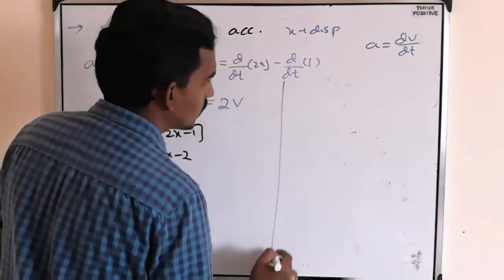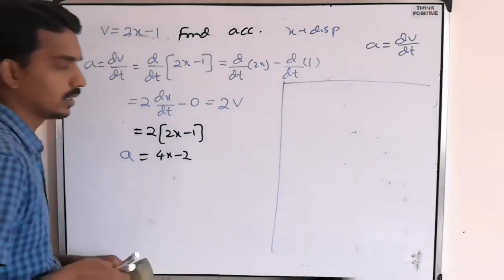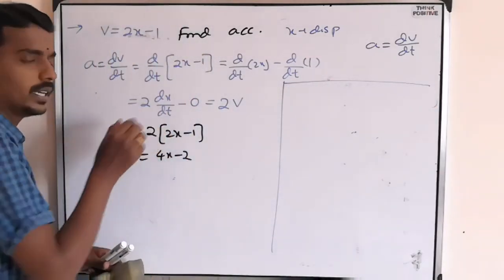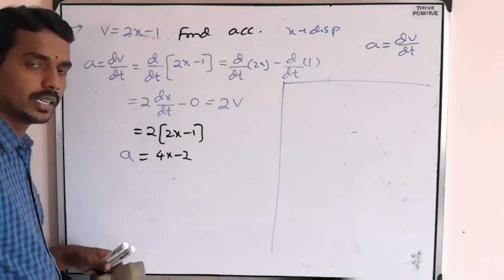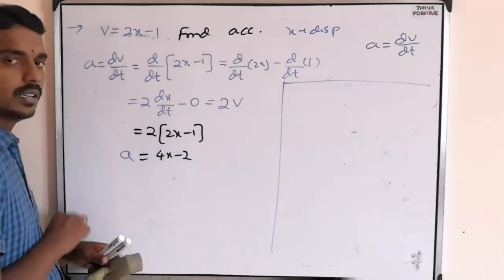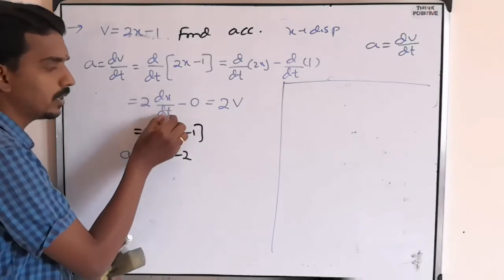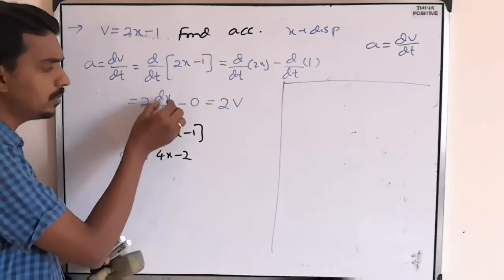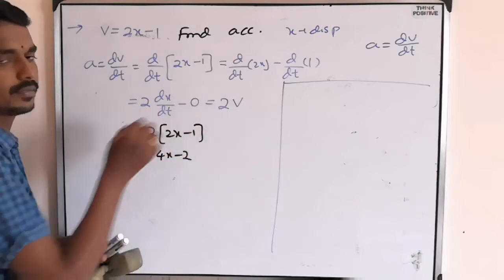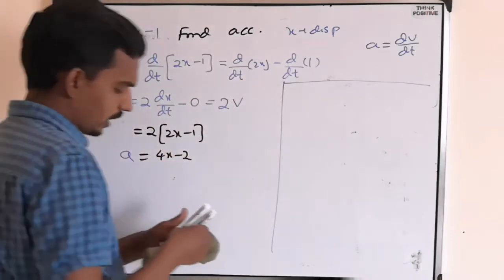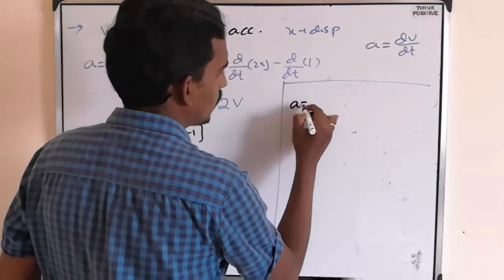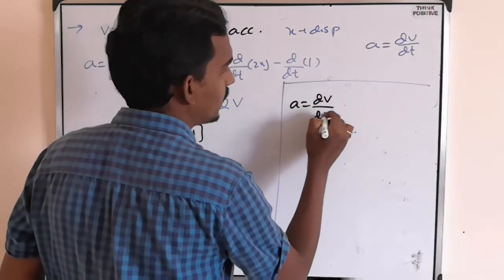Or else, see, dx by dt is the rate of change of displacement, or differentiation of displacement with respect to time, nothing but velocity. Or else what you can do is, a equals actually dv by dt.